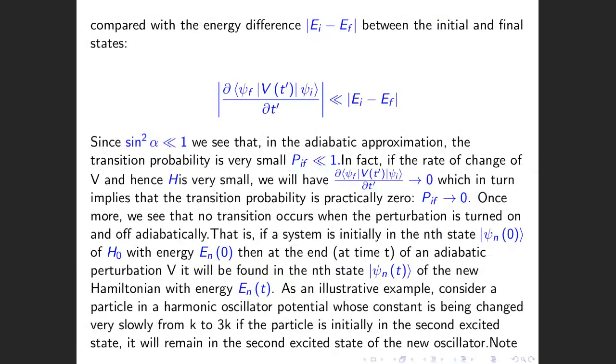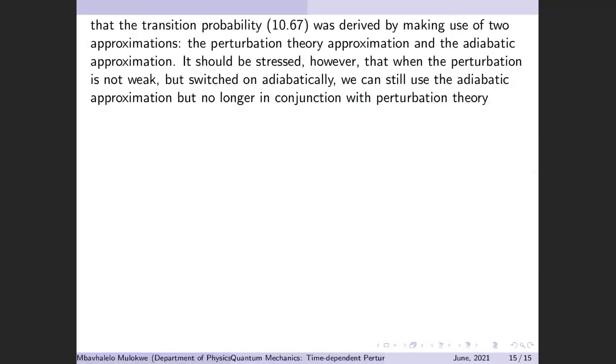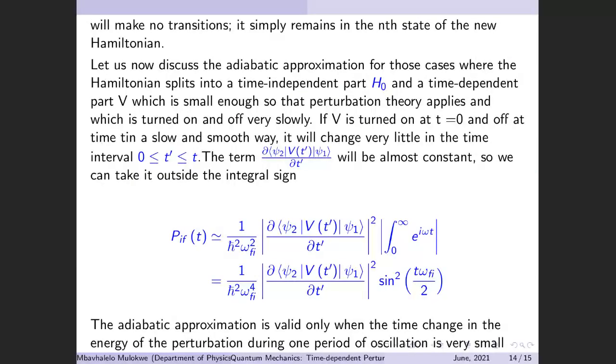And because dV/dt is varying very slowly with respect to the energy, for the adiabatic case this is very small. Sine squared is also smaller than 1.